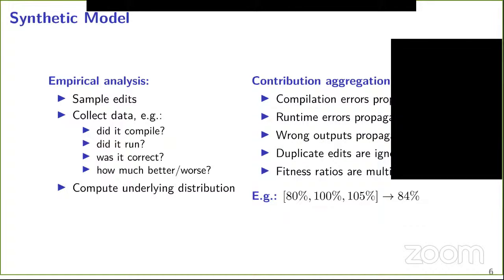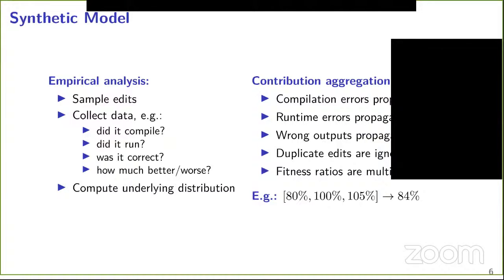To get from that distribution to your sequence of edits, you basically need to aggregate the contributions. The rules I propose are to propagate compilation errors, runtime errors, or wrong outputs. Meaning, if you have a sequence of 10 edits and one of them did not compile, we just assume that the whole sequence did not compile. Duplicate edits are ignored.